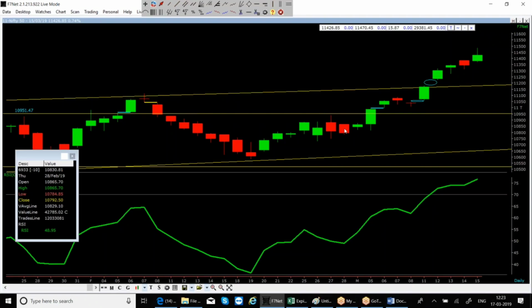Wherever the cursor is, see in the box. क्लोज बॉक्स है ना आपको, यहाँ पे बॉक्स दिख रहा है ना, डेटा विंडो, उसमें देखिए क्या दिख रहा है. 28 फरवरी 10792. क्या रेट पे खुला? 842. गैप अप ओपन हुआ.